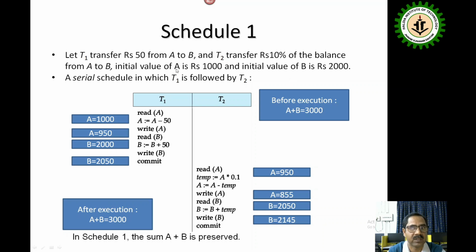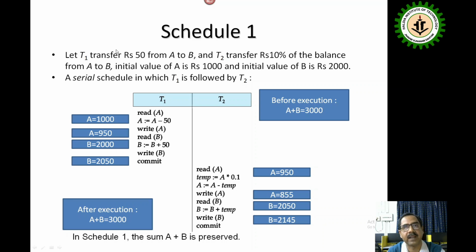So here we consider two transactions T1 and T2. Also we consider two data items A and B, where the initial value of data item A is 1000 and the initial value of data item B is 2000.